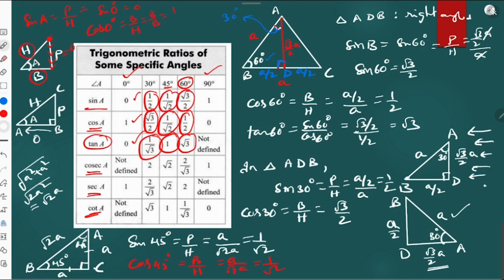So sine will be 1, and cos theta will become 0, and the reciprocal is 1 by 0. 1 divided by 0 is an undefined quantity. That is why it is not defined.